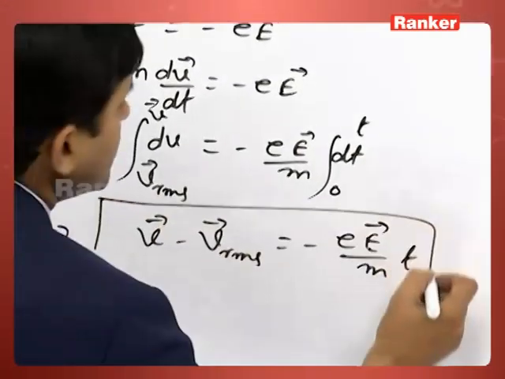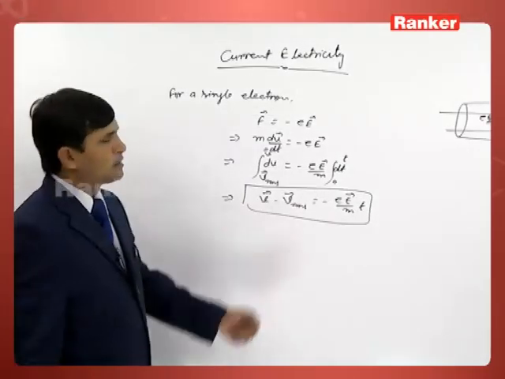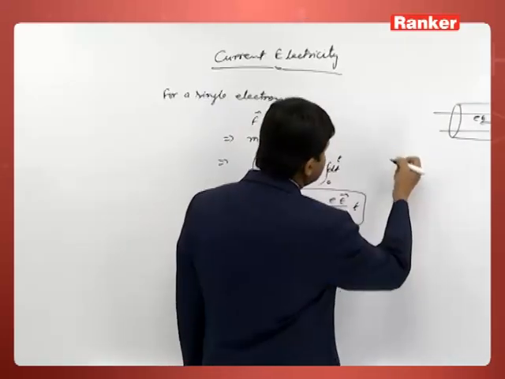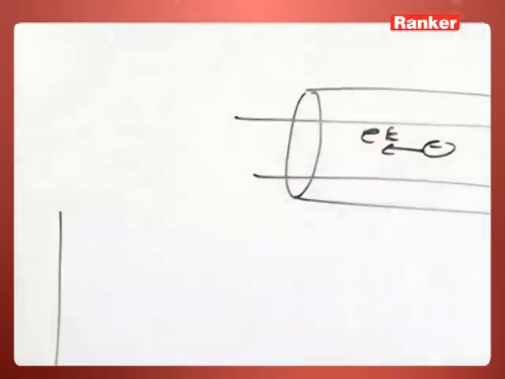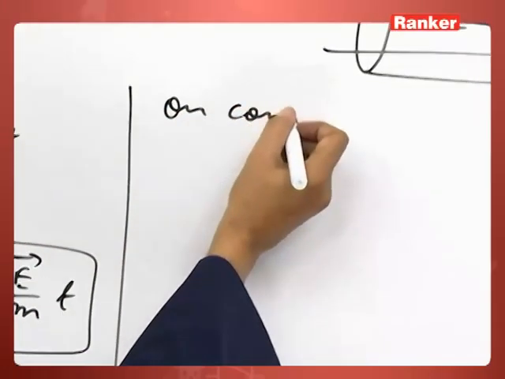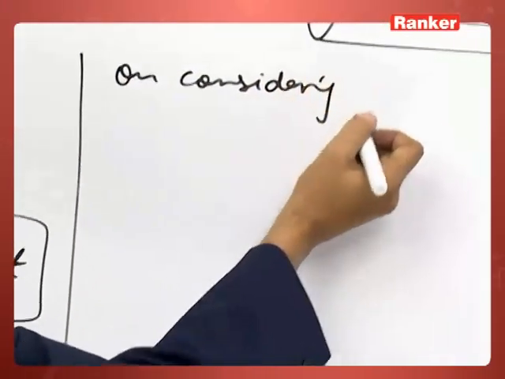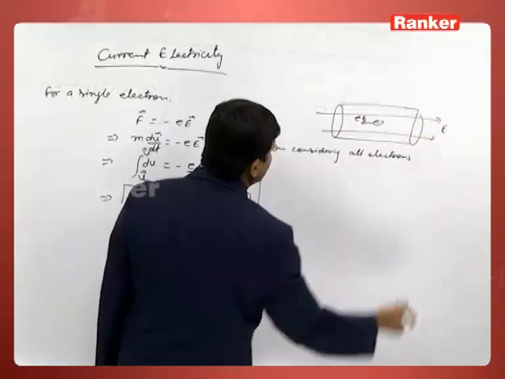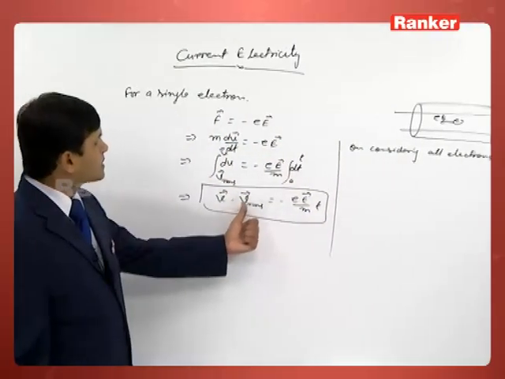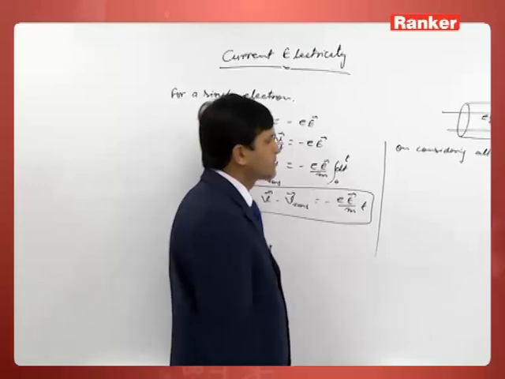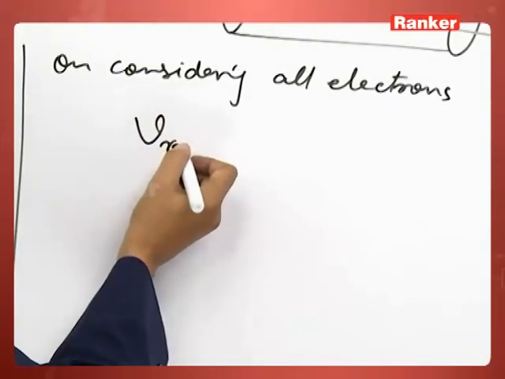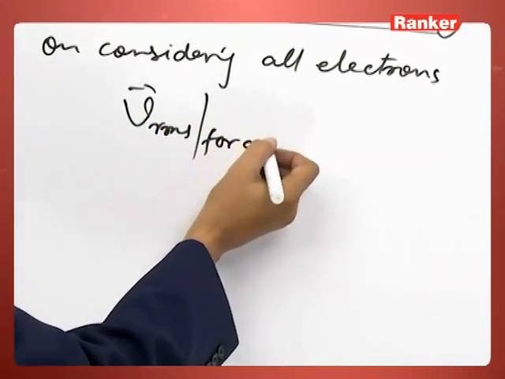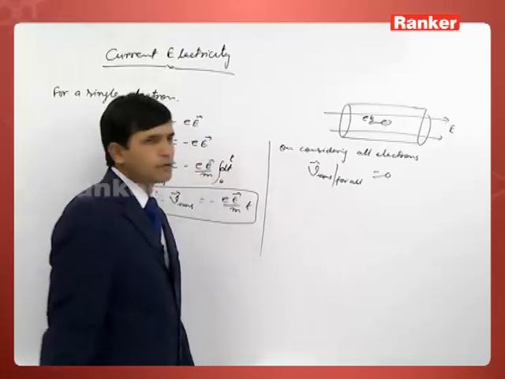This is the equation for a single electron. But if we consider all electrons, their random velocity for all electrons will be 0. So Vrms for all will be 0.